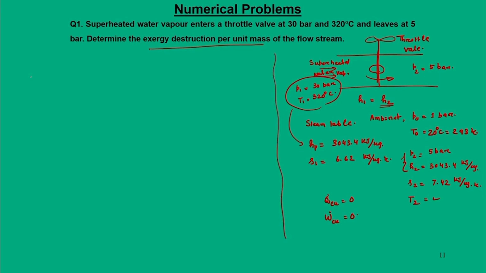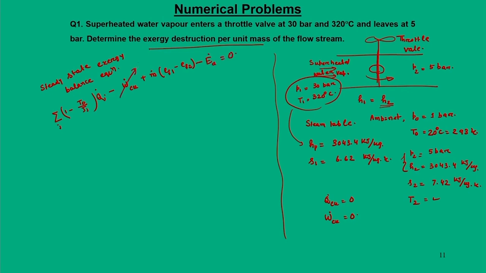So, with this we can recall the steady state exergy balance, which says: the sum of (1 minus T0 by Tj) into Qj, minus W dot CV, plus m dot (EF1 minus EF2), minus exergy destruction E dot D, is equal to 0.